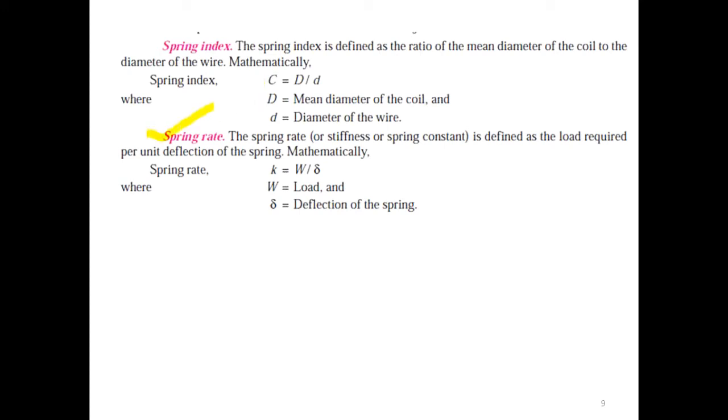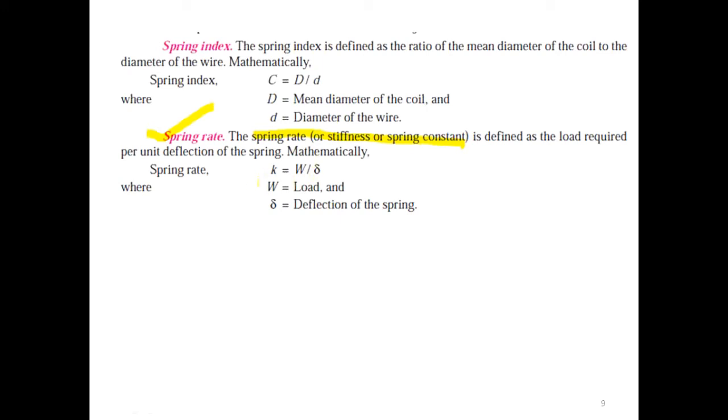And we are coming to the spring rate. The spring rate, the stiffness, or the spring constant, these are different words for the same thing. It is defined as the load required per unit deflection of the spring, and mathematically we can say that K, the small letter K, indicates the spring stiffness and is equal to the applied load on the spring divided by the deflection.